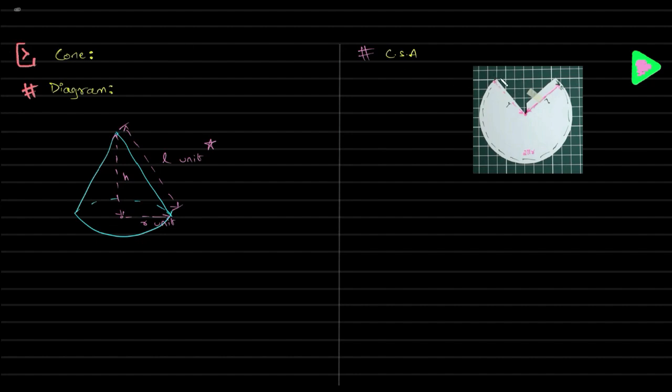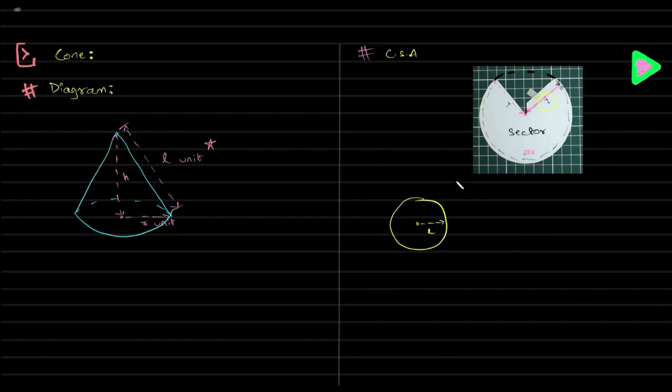So if I happen to extend this, this looks like a part of a circle. This is known as sector. So area of a sector is something that you might have studied by now. If not, you'll be studying in the future. So how do you find the area of this shape, the curved surface area of this cone? How will we find it? First thing that we need to notice, the circle that we are talking about is of radius L, not R. Can you see this?